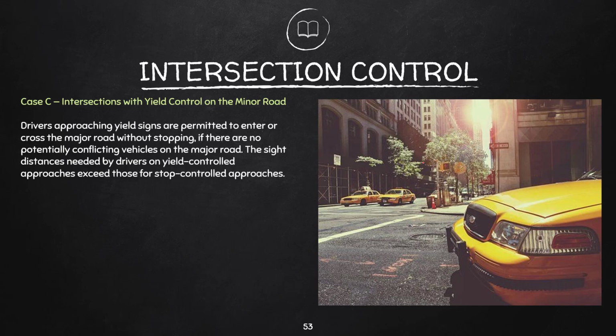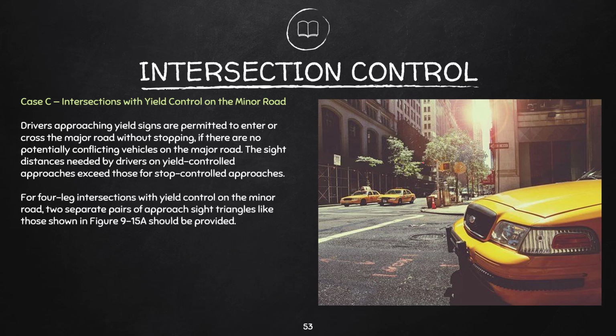Drivers approaching yield signs are permitted to enter or cross the major road without stopping if there are no potentially conflicting vehicles on the major road. The sight distances needed by drivers on yield-controlled approaches exceed those for stop-controlled approaches. For four-leg intersections with yield control on the minor road, two separate pairs of approach sight triangles like those shown in figure 9-15A should be provided.